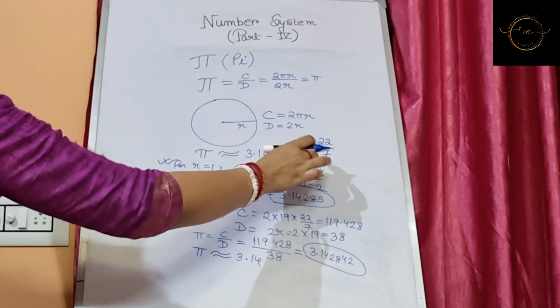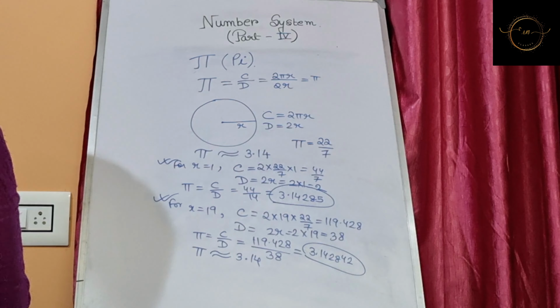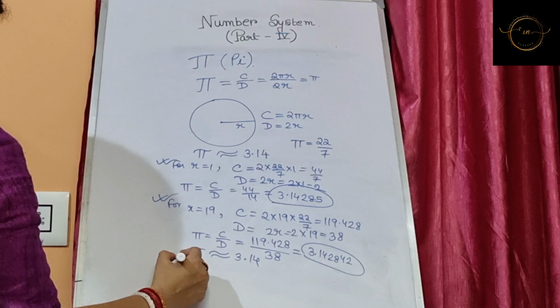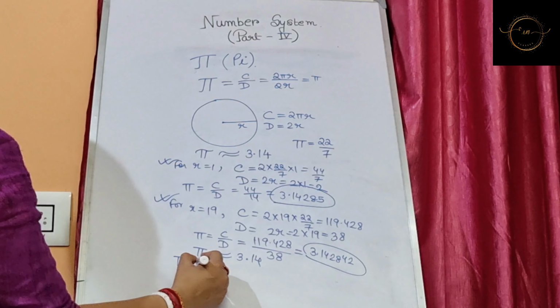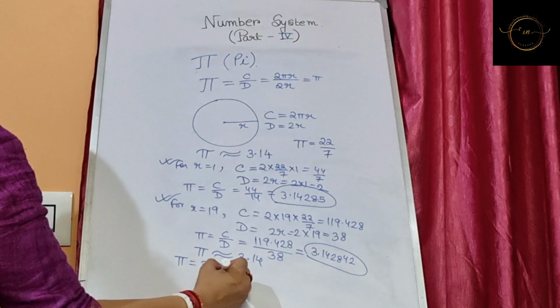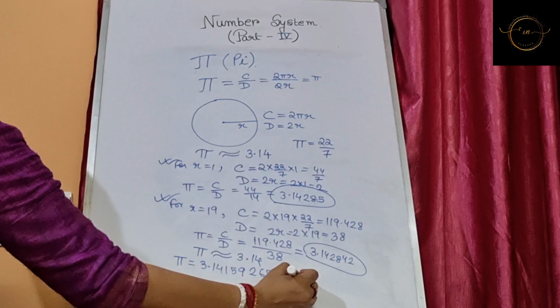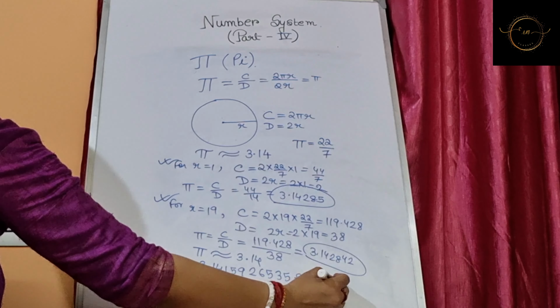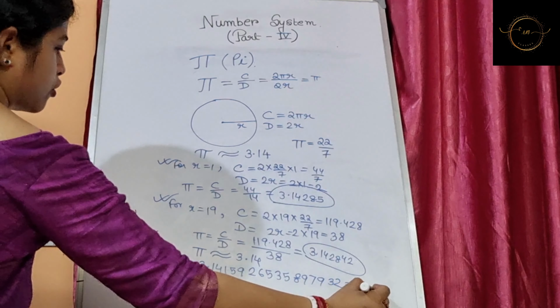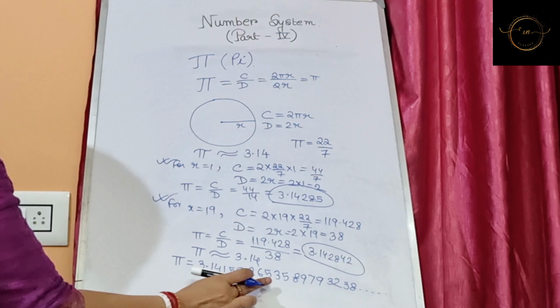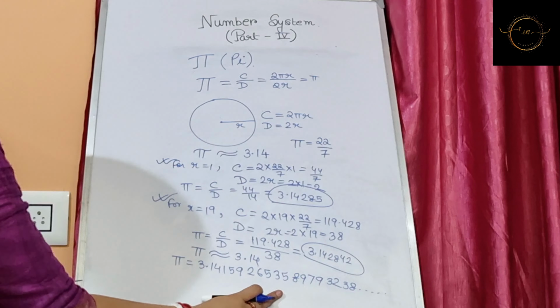But we take the value of pi as 22 by 7 only for making the calculations easy. The actual value of pi is 3.141592653589793238... You can easily see that this is never ending, non-repeating and also non-terminating.